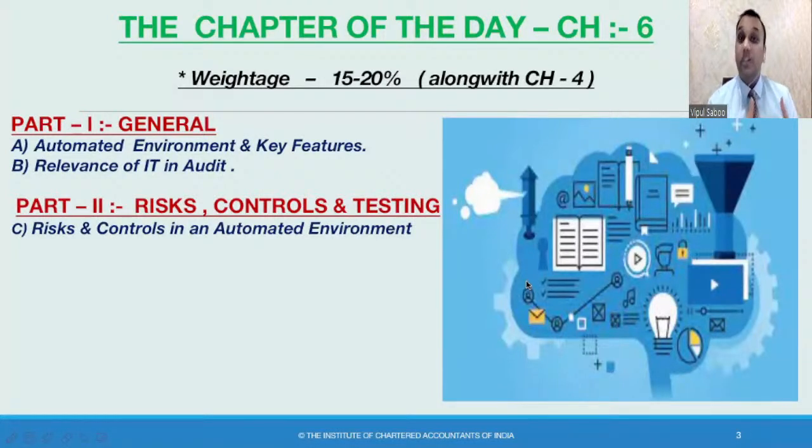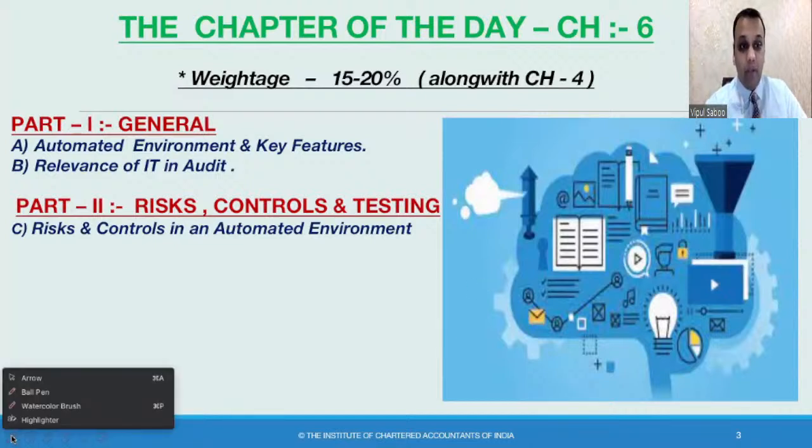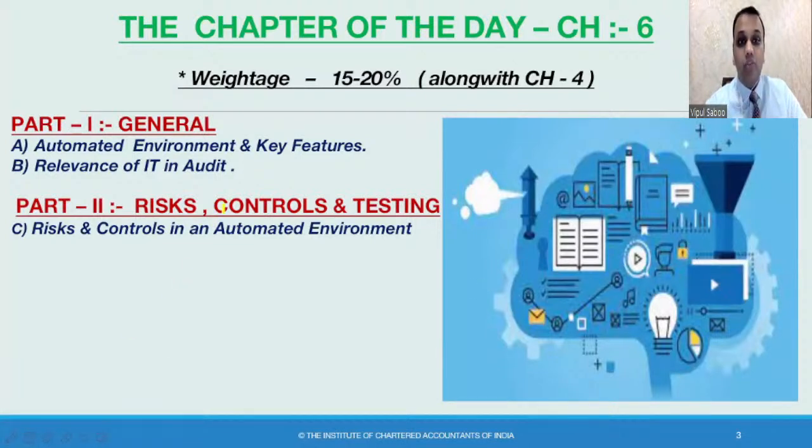So what are the risks involved when a business is automated? What are the controls we need to put in place? And how do we test these controls? So we have read about it in risk assessment, where we assess the risk, then we put in controls, and we have to test those controls as well, whether they are operating effectively or not.